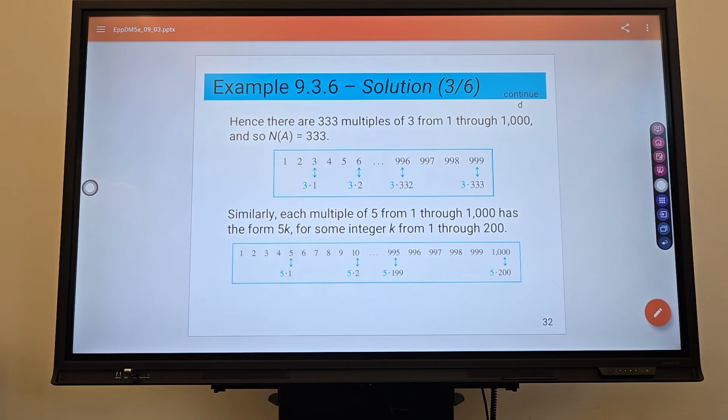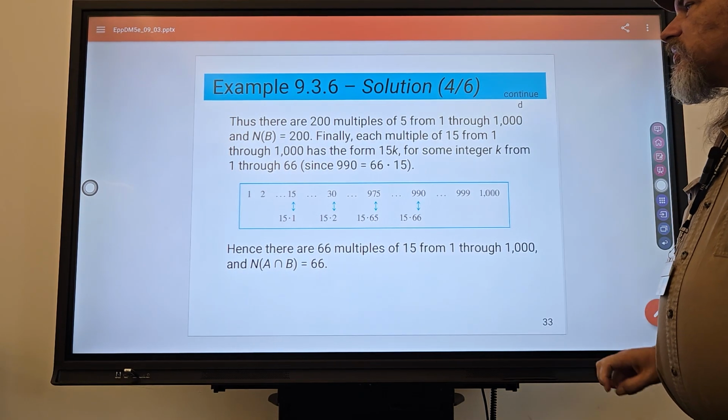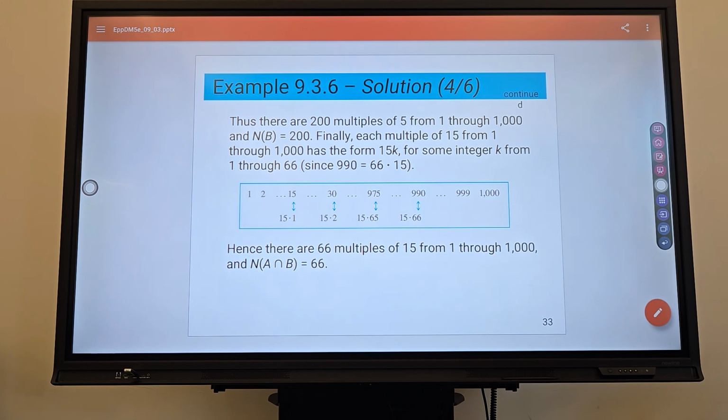Similarly, each multiple of 5 from 1 to 1,000 has the form 5k for some integer k from 1 through 200. Thus, there are 200 multiples of 5 from 1 through 1,000, and N(B) equals 200.